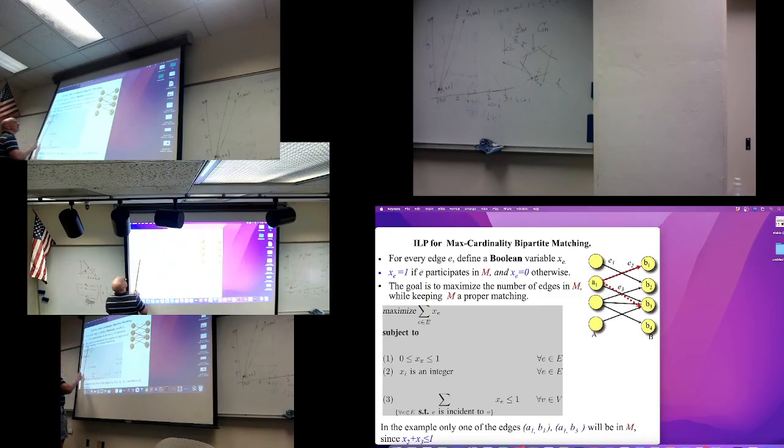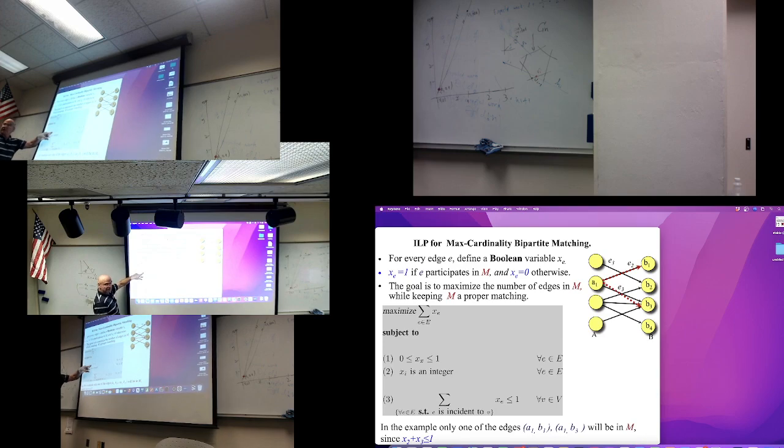I will say that x sub e must be Boolean. How do I force it to be Boolean? I will say that x sub e for every edge e is bounded by 0 and 1.